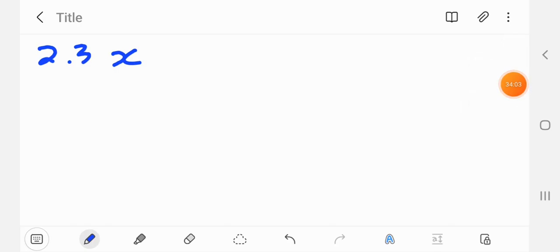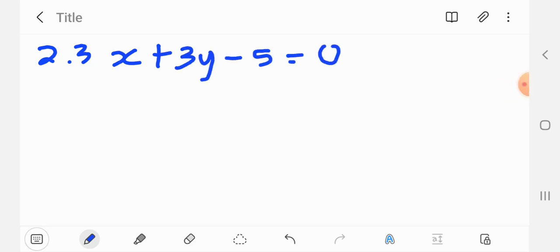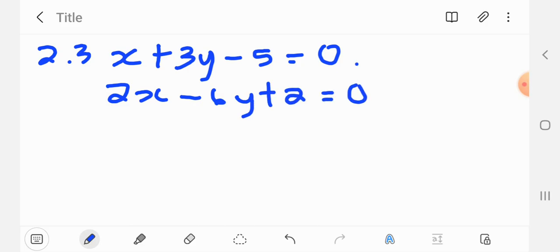I'm going to do 2.3, simultaneous equations. So this is equation 1, this is equation 2.